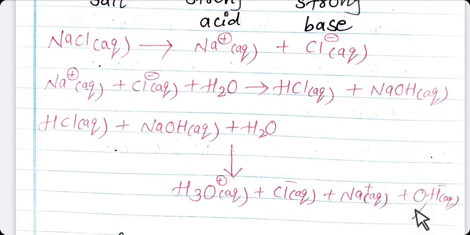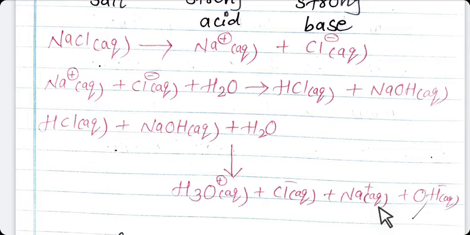This is because the possible products, as we have already seen, are HCl and NaOH, which are strong electrolytes and dissociate completely in aqueous solution. As we have already seen in these two reactions, the reactant and product are the same. This implies that neither the cation nor the anion of the salt reacts with water, which means there is no hydrolysis.